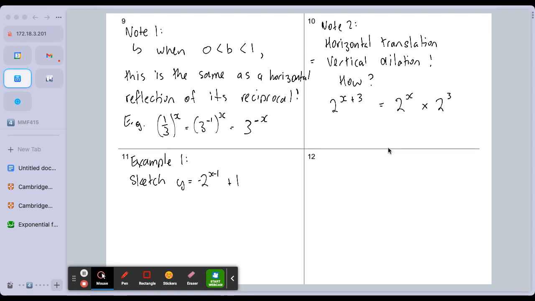I'm just using it in reverse. a to the power of n times a to the power of m is a to the power of n plus m. 2 cubed is 8, and so it's the same as 8 multiplied by 2 to the power of x. So in other words, a translation 3 units to the left is the same as a dilation 8 times vertically. It does the same thing because of the way index laws work.